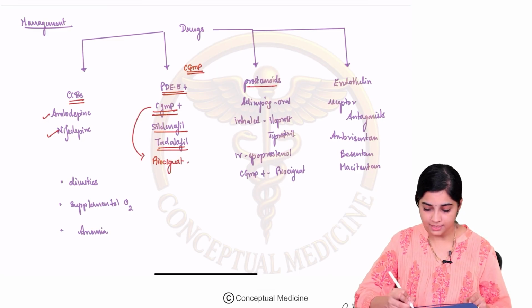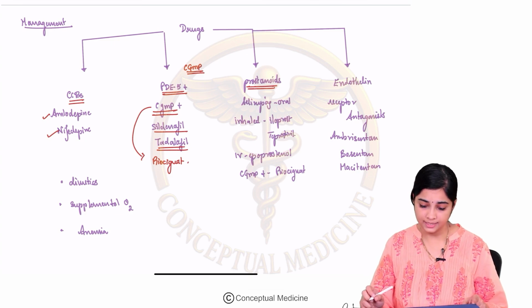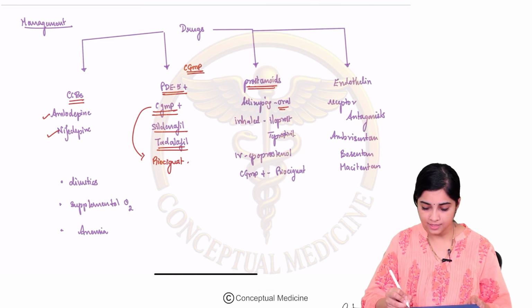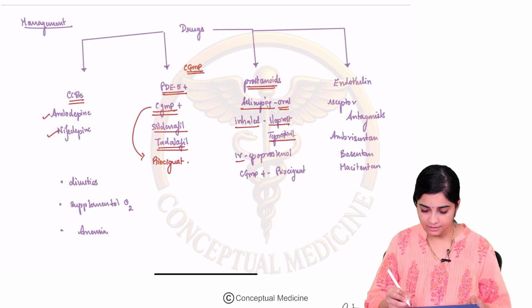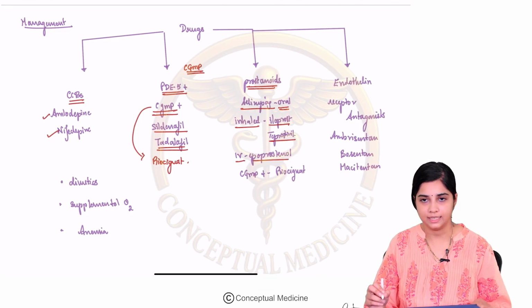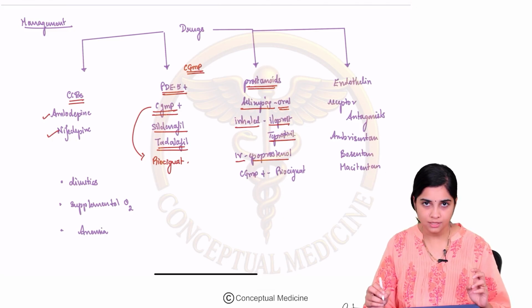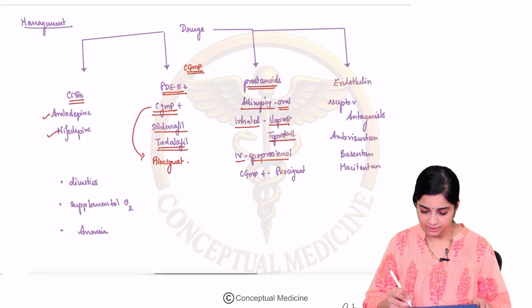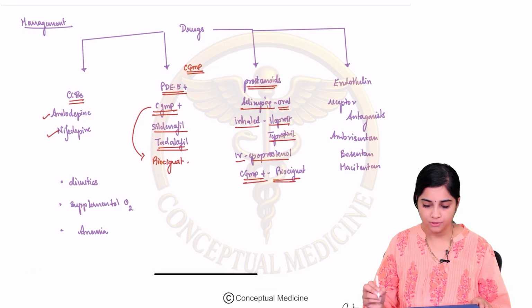Then we give prostacyclin analogs because of their vasodilatory property. The oral prostacyclin analog is selexipag. Inhaled ones are iloprost and treprostinil. IV is epoprostenol. So you should know which is oral, which is IV, which is inhaled. Oral is selexipag, inhaled is iloprost, IV is epoprostenol.